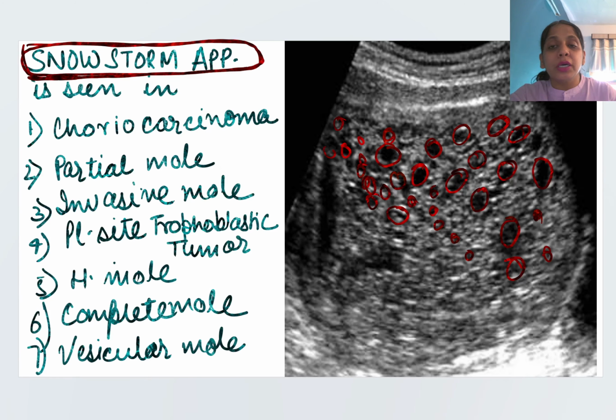Now, the main question which comes in your exam is: snowstorm appearance is seen in which of these? You all know that snowstorm appearance is seen in a molar pregnancy, but they confuse you with the options. Just tell me, is snowstorm appearance seen in choriocarcinoma?